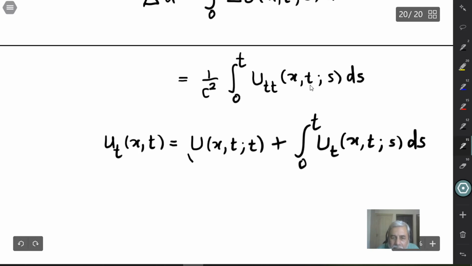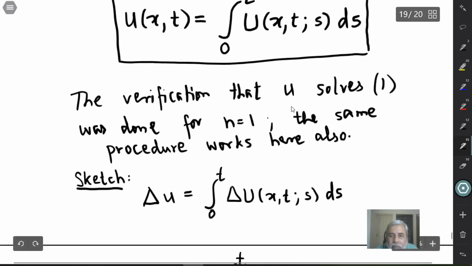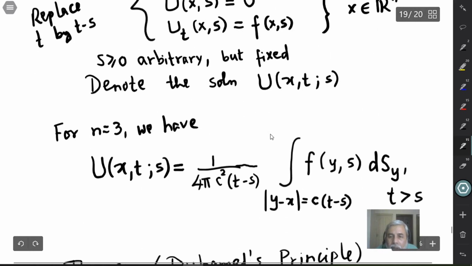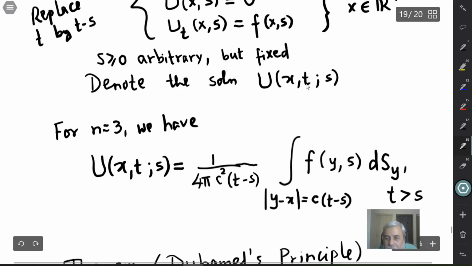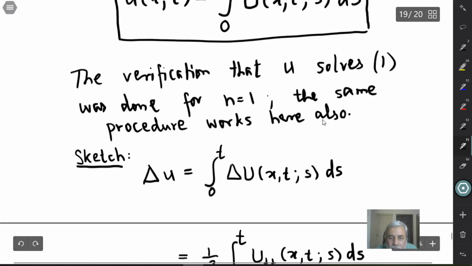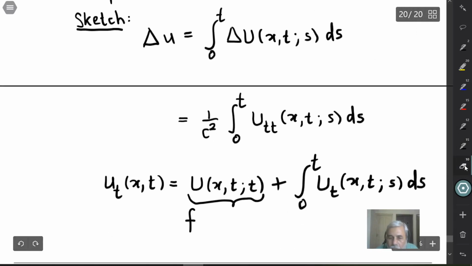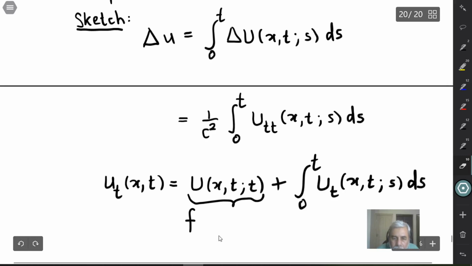By the initial conditions, this first term is 0, because when t equal to s, U is 0, so instead of s we have t, and this is just 0.